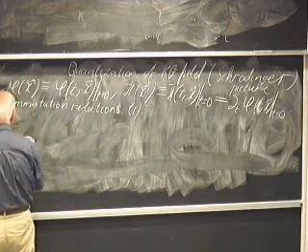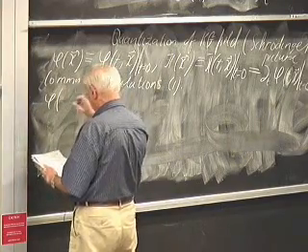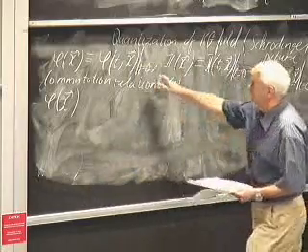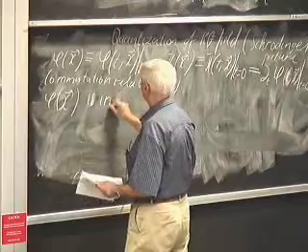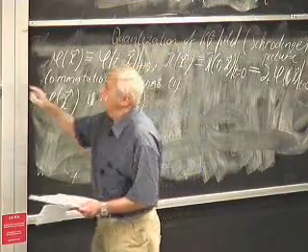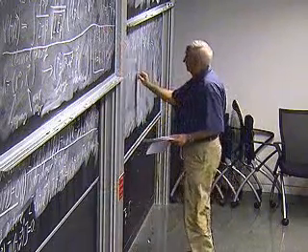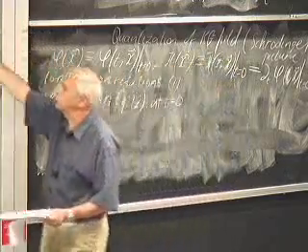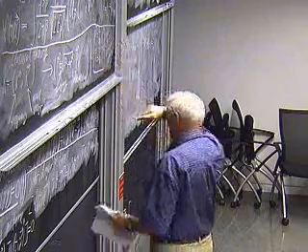So phi of x at t equals 0 is in equation 2, just at t equals 0. Just put t equals 0 here.